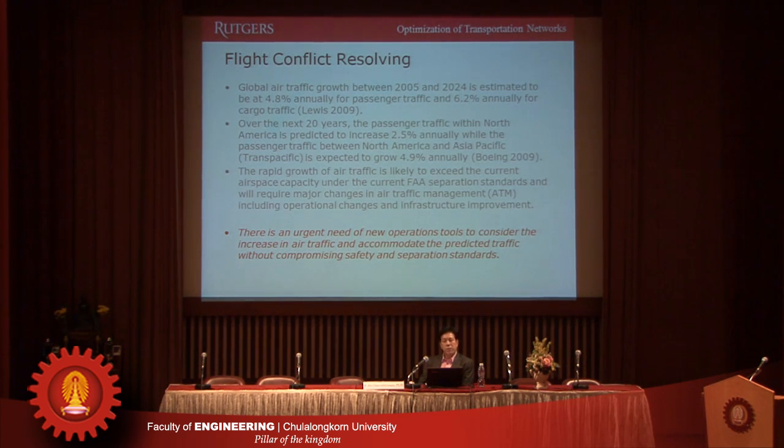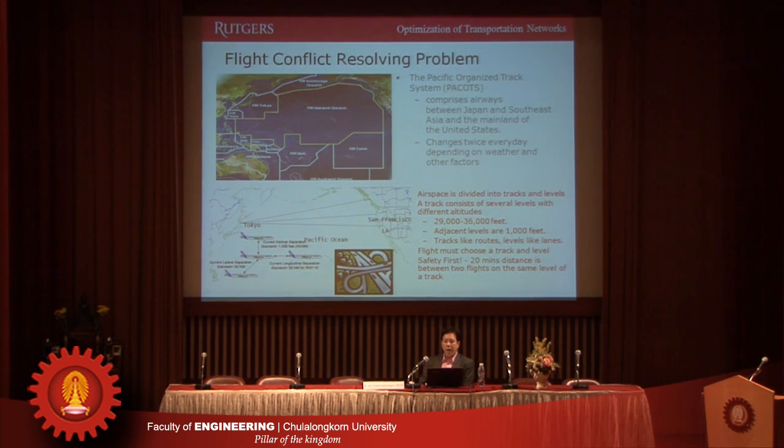But the problem is, in the FAA, a part of the FAA is called the Pacific Organized Track System, or PACOTS. PACOTS is in charge of assigning the airspace for flights here in this Pacific Ocean.